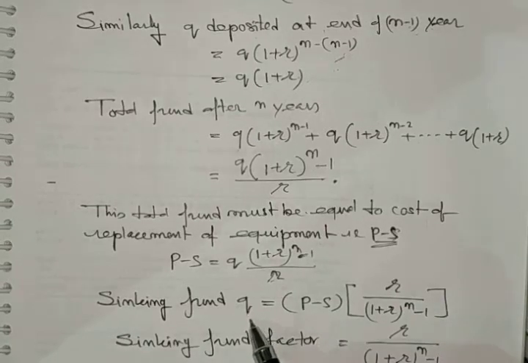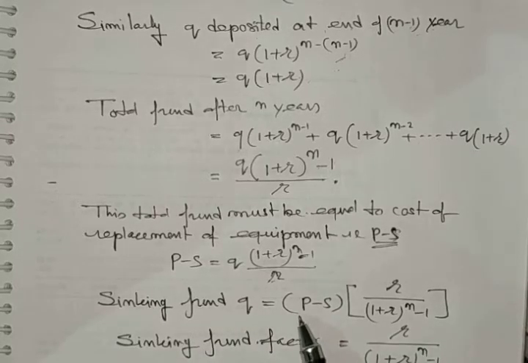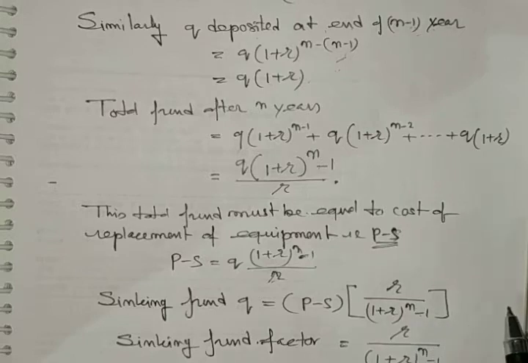Here the small q is the sinking fund, which is equal to (P minus S) into R by (1 plus R to the power n minus 1).